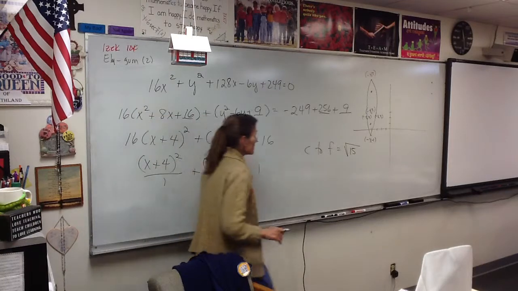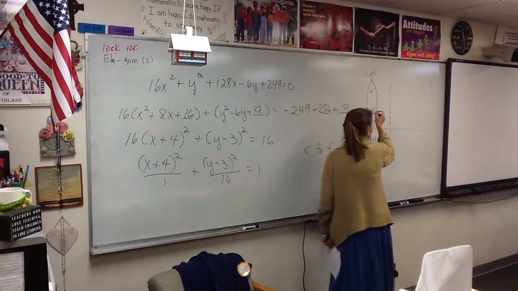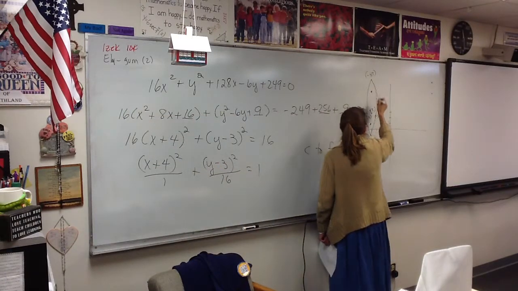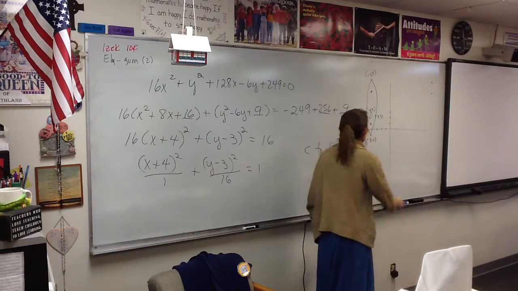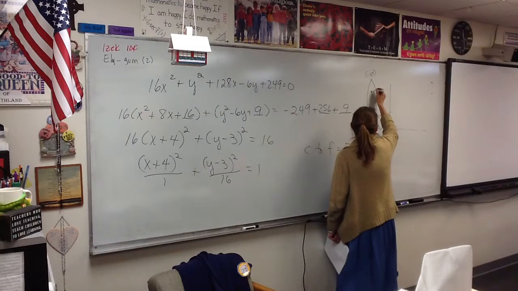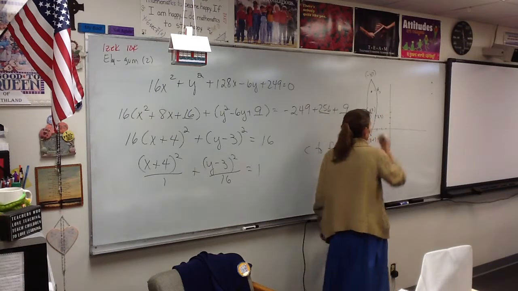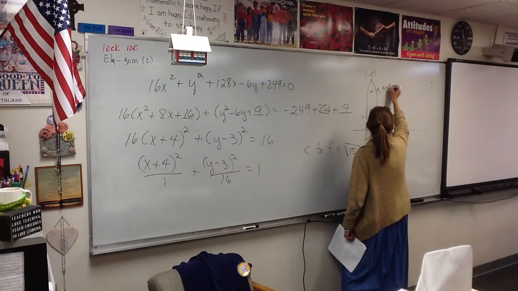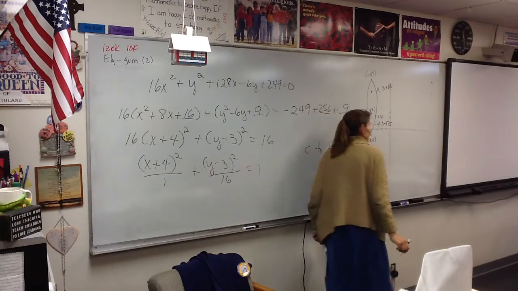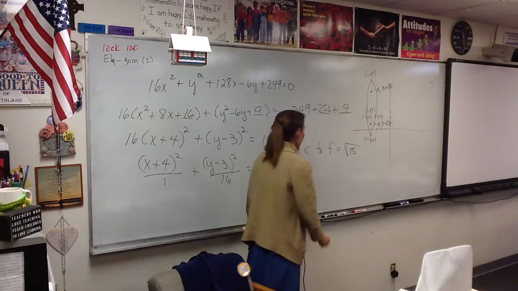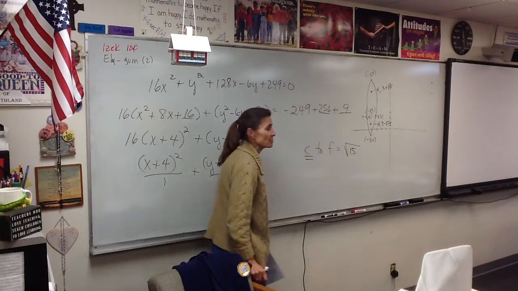So I'm going to start here at the center, and I'm going to go up and down root 15. So what will those points be? -4, comma, 3 plus root 15, and 3 minus root 15. Remember, we operate from the center.